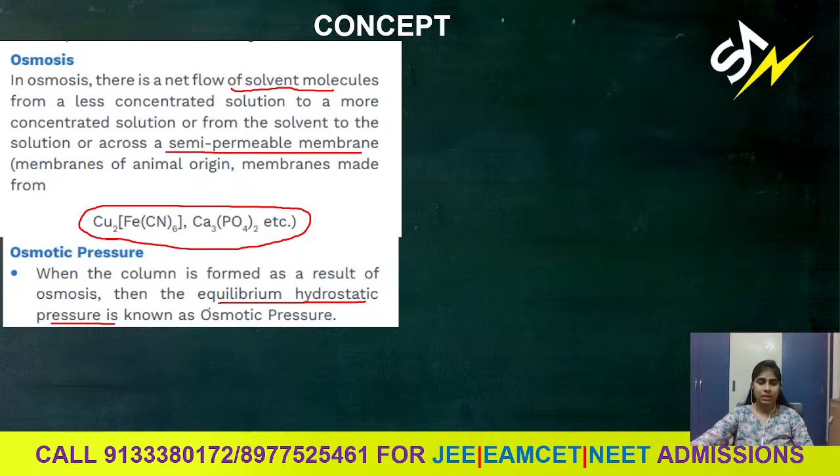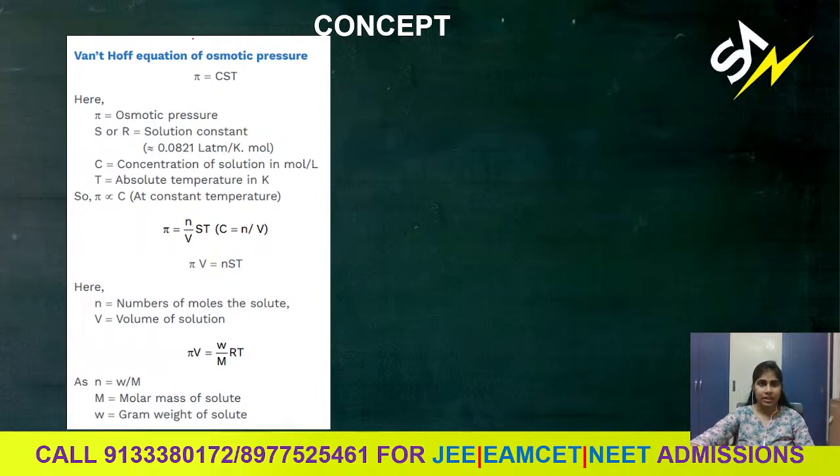So this osmotic pressure is given by Van 't Hoff's equation. What is Van 't Hoff's equation? Pi is equal to C S T, where pi is the osmotic pressure, S or R is known as the solution constant, C is the concentration of the solution, and T is the absolute temperature.